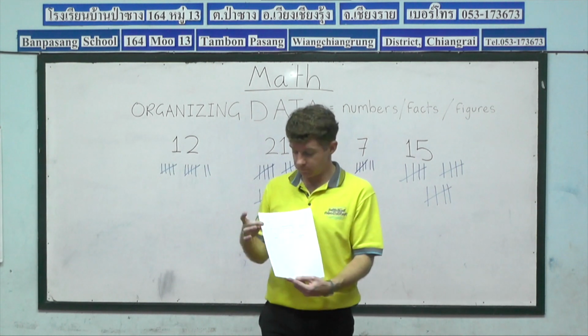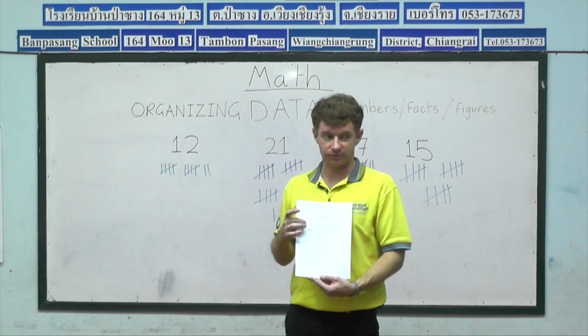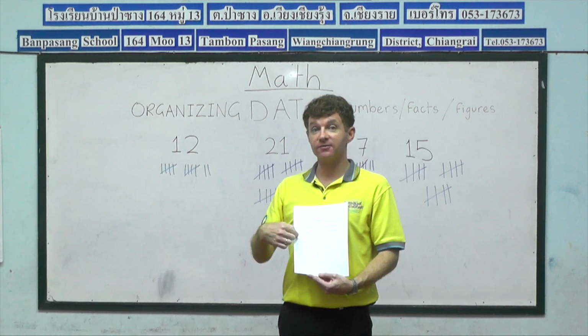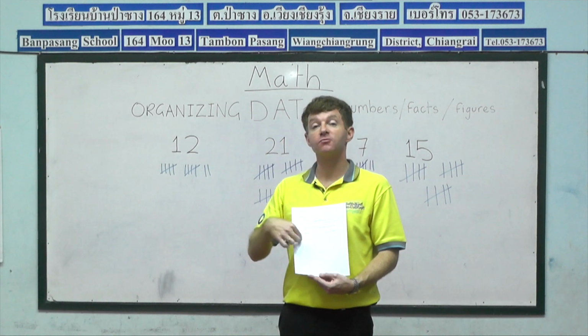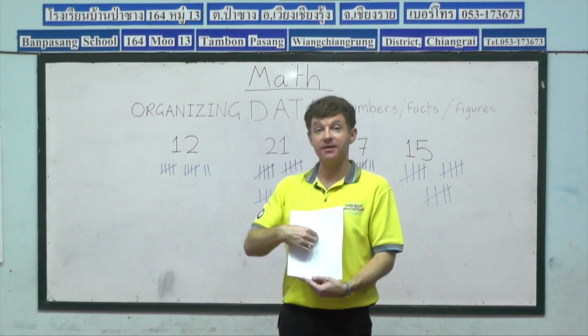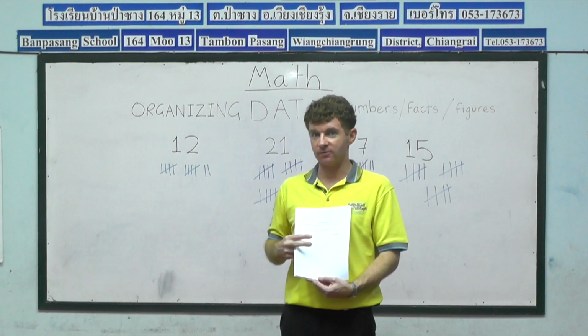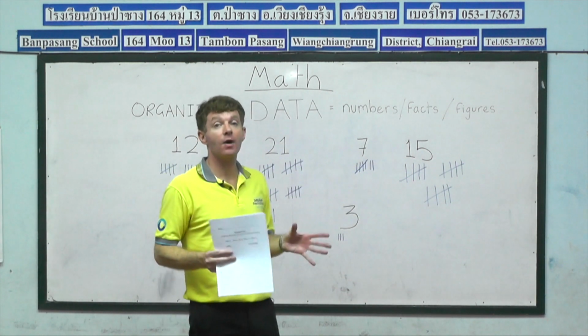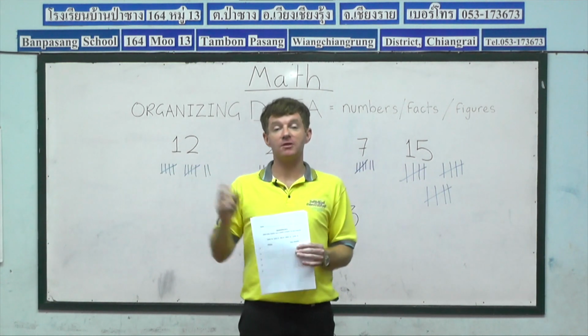For example, the first animal, dogs, 34. So in the first column on the left, our students must write dogs and then 34 tally marks, just like we've shown on the board. And that will show how we can use tallies to reach a total.